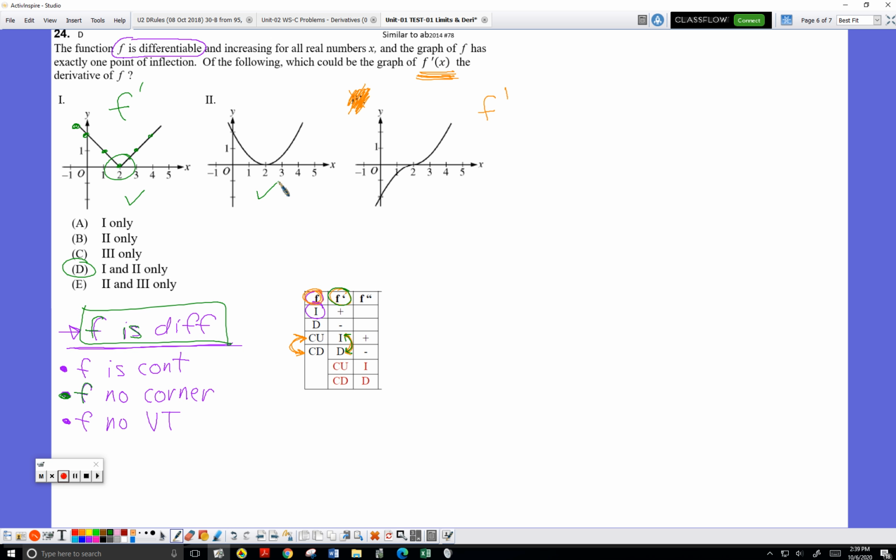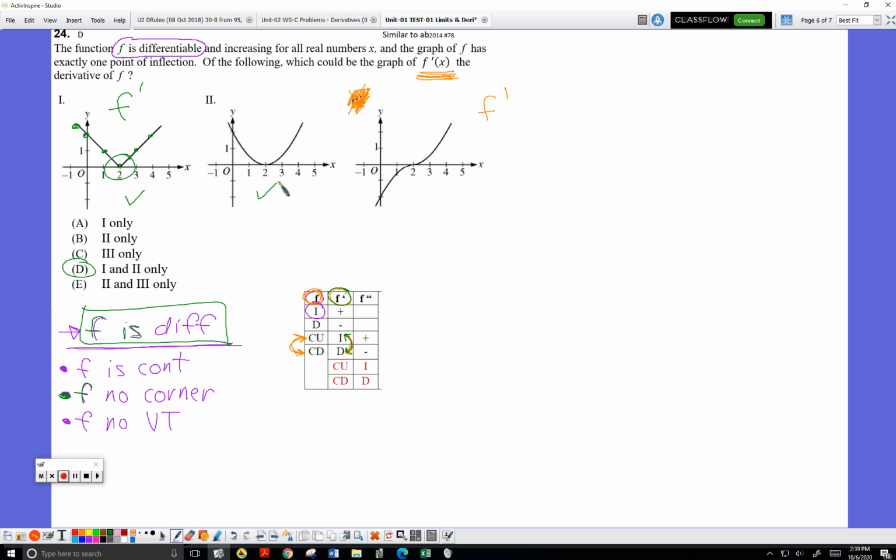But F prime having a corner doesn't mean F wasn't differentiable. It means F prime is not differentiable. F is differentiable as long as I can find a point everywhere on F prime. Okay. So now I know both of them were. So since F prime has a corner, then you can't find the F prime of F prime, which is F double prime.